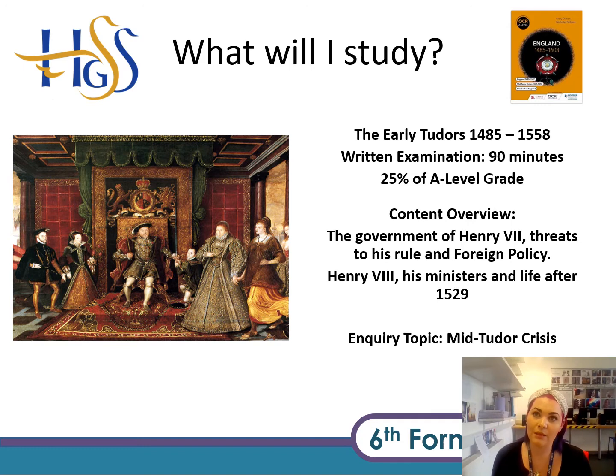We look at the threats to his reign, so people who wanted to get rid of him. England at the time has just come out of the War of the Roses, civil war, essentially, and the work that Henry has to do in order to stabilise the country, which enables him to then be the first monarch in nearly 100 years to pass the throne successfully to his son.